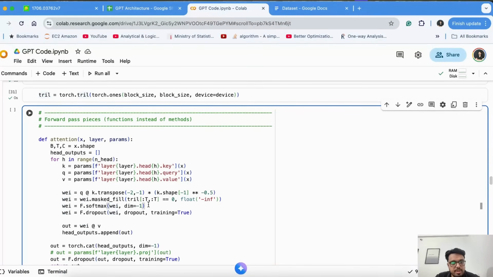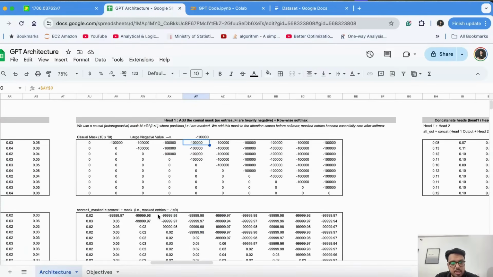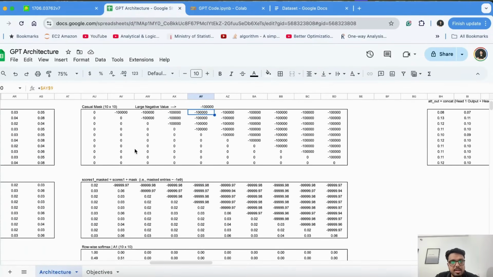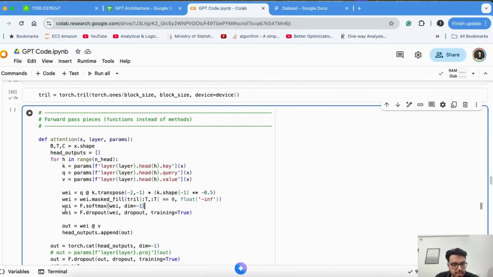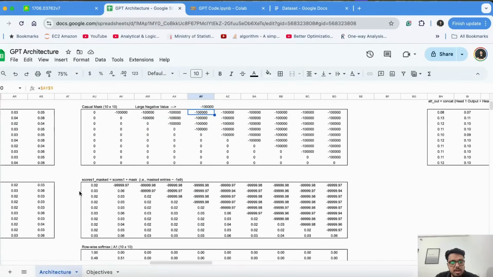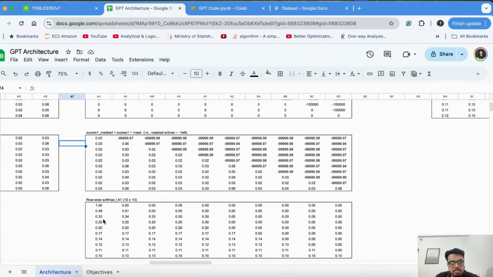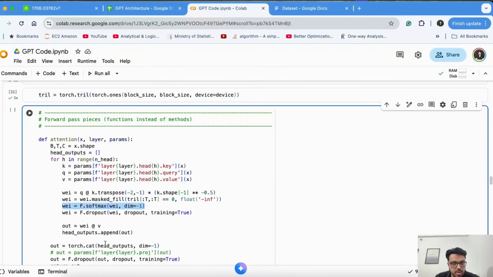So this entire causal masking that we did is something that we replicate using code over here, and then we do a softmax. Softmax again is nothing but converting the logits into corresponding probabilities, which is e to the power of each element divided by the sum, as we have already discussed.